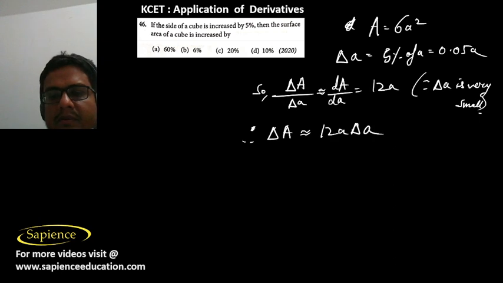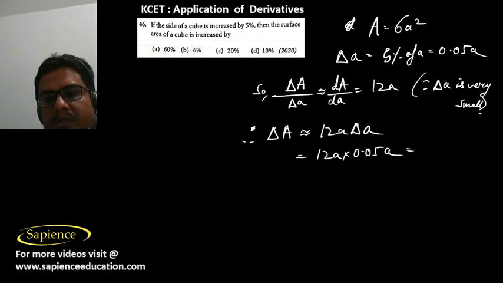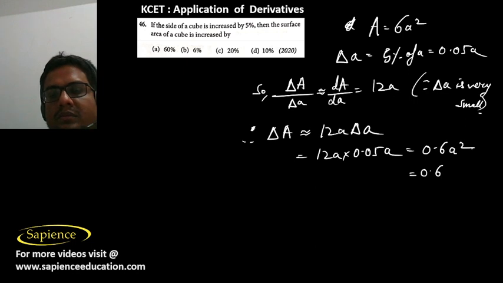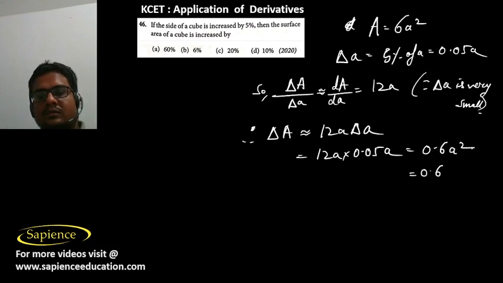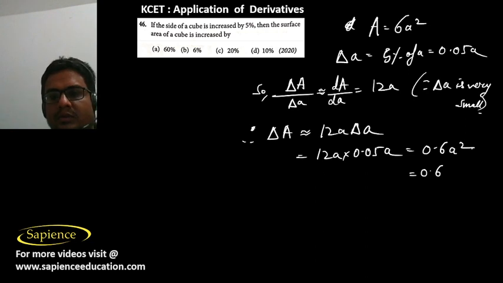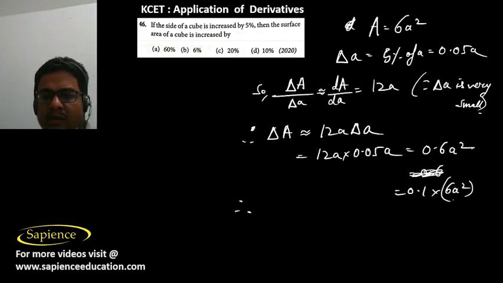Delta A is equal to 12a into 0.05a, that is 0.6a square.